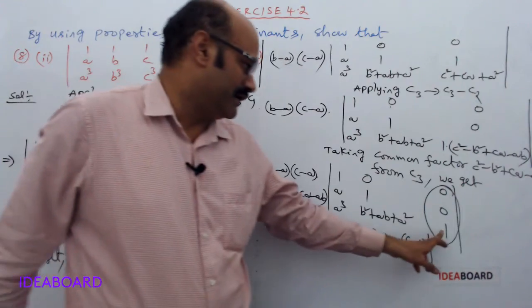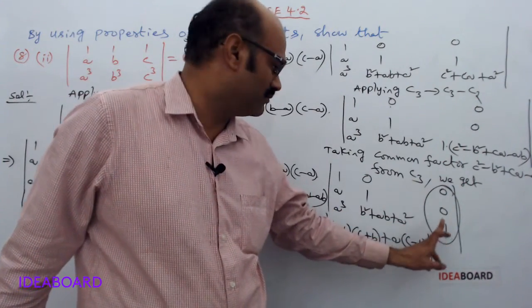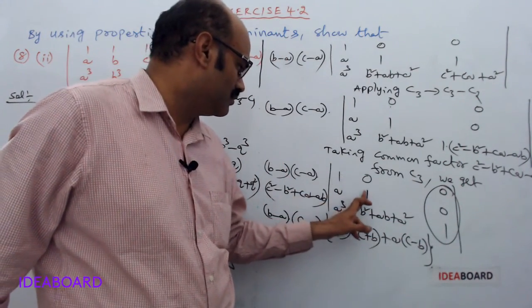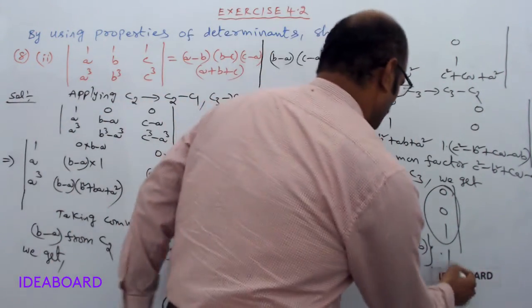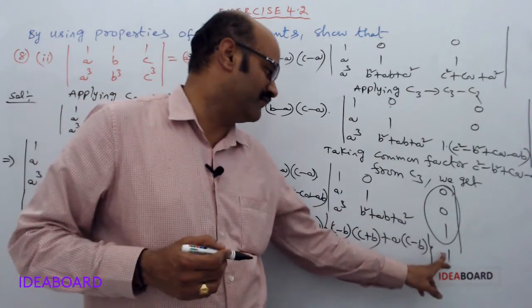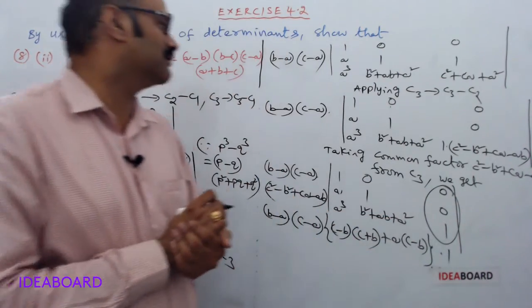Now expand along C3, 1 into 1 minus 0, so that it becomes 1. After expanding this determinant we get the value of this one equal to 1.